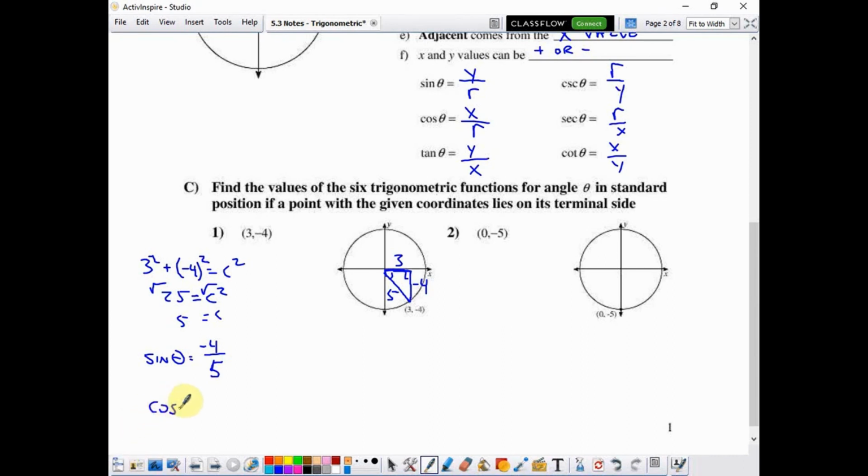Cosine theta is adjacent over hypotenuse, which is x over r, 3 over 5. And tan theta is opposite over adjacent, which is y over x, which is -4 over 3.